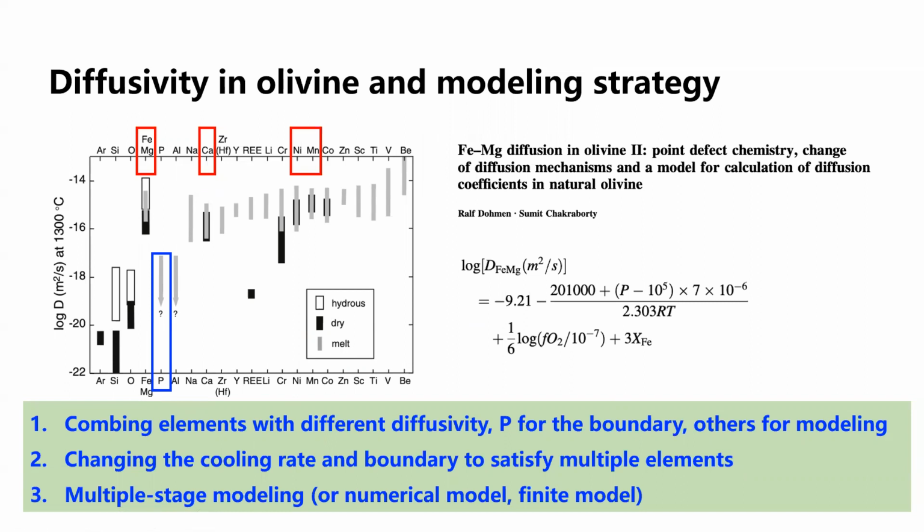I just change the cooling rate and the boundary condition to satisfy all the elements with different diffusivity. By the way, the diffusivity of the main elements in olivine is very well constrained. Because we have to model multiple processes, I use numerical modeling here.